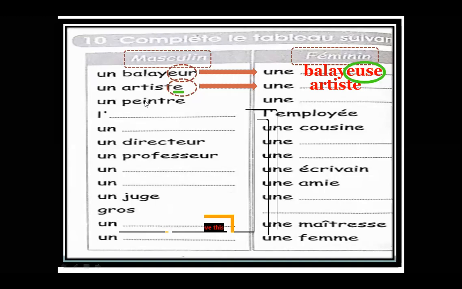Look at the upper one, artiste. What did we do? We have E. In the upper one, did we remove the final E from it?